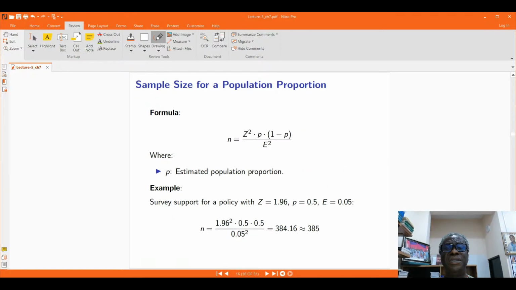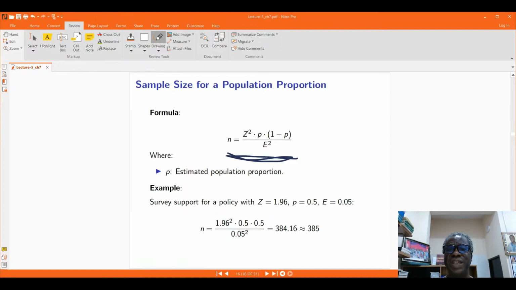But if our interest is that of population proportion, then the formula is different, as we have noted earlier.